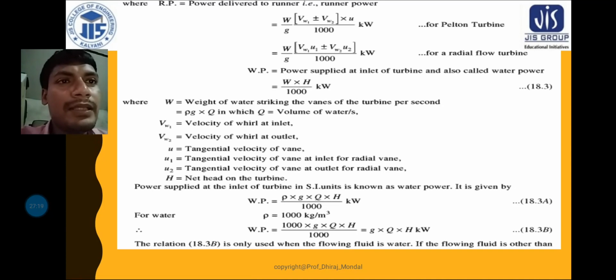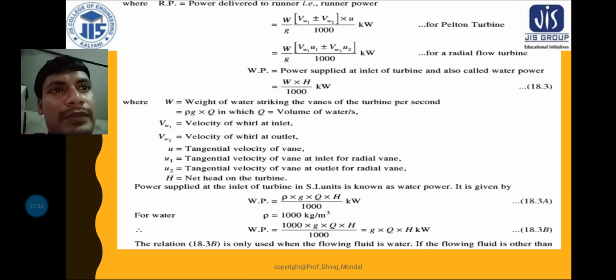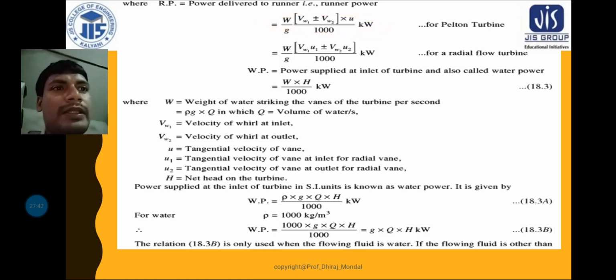Now the mass flow rate can be written as W by G, because you know that W is equal to mg. So W by G into (VW1 plus minus VW2) into U by 1000 is in terms of kilowatt for Pelton wheel or tangential flow impulse turbine. So this is the runner power for a tangential flow impulse turbine.